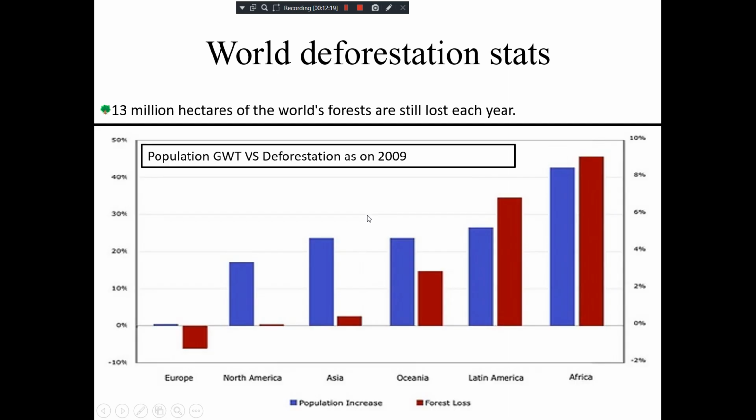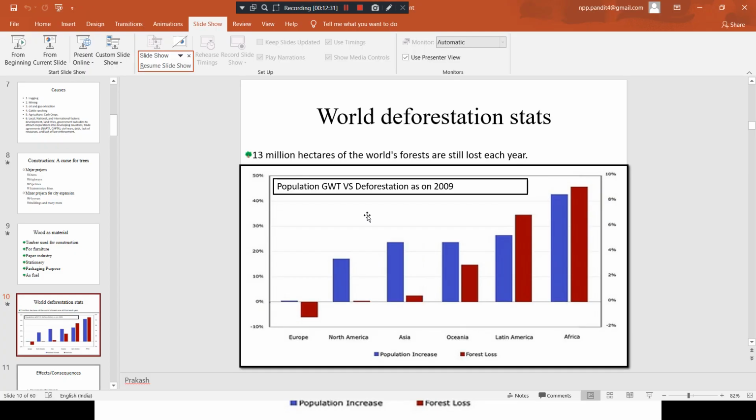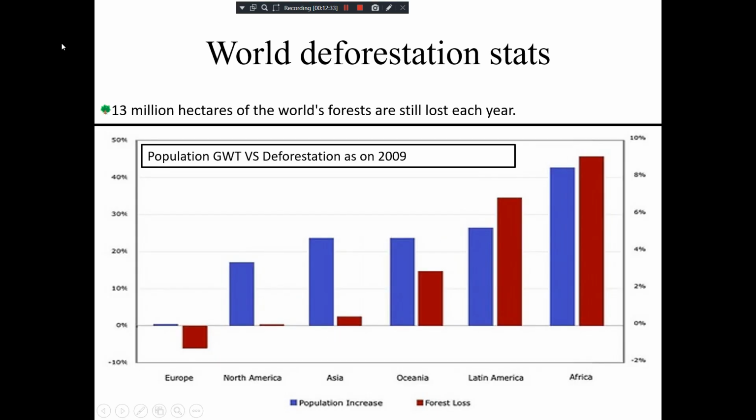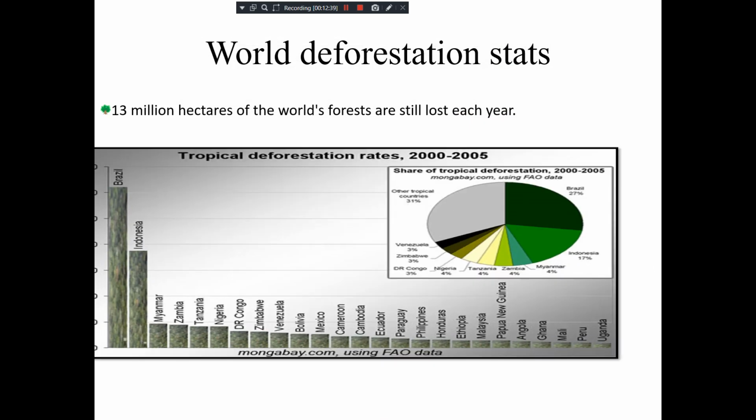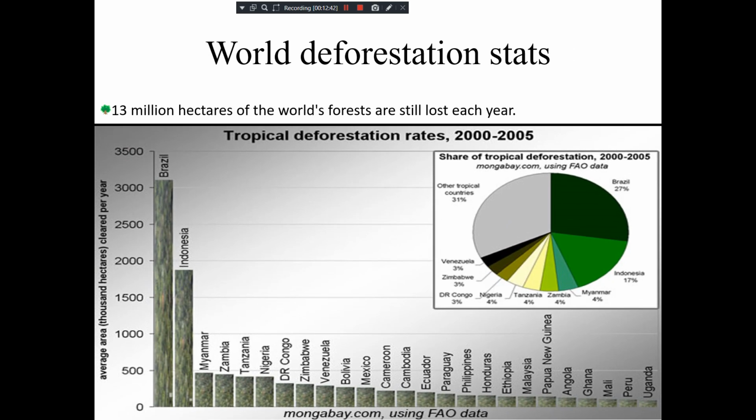This you can see, 30 million hectares of world forest are lost every year. Then you imagine, the growth of the forest is much less than what we destroy. So here, 3 million hectares of world forests are still lost every year.